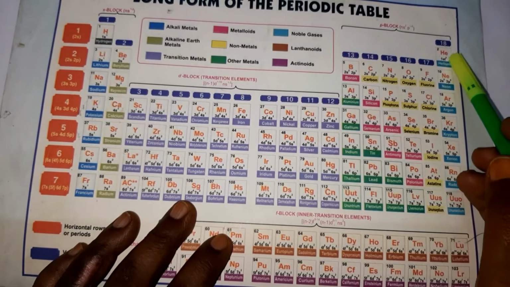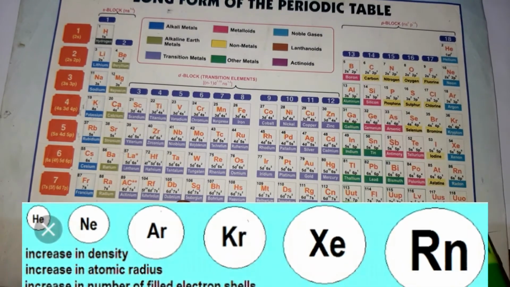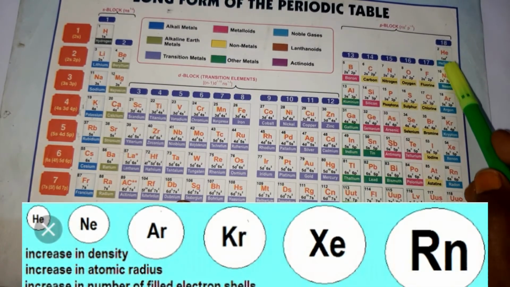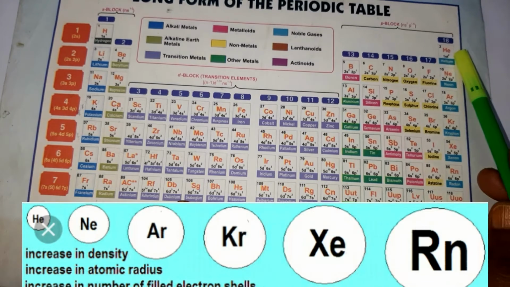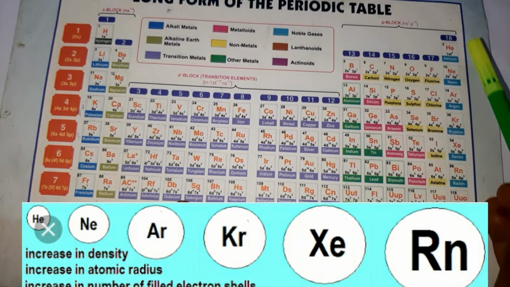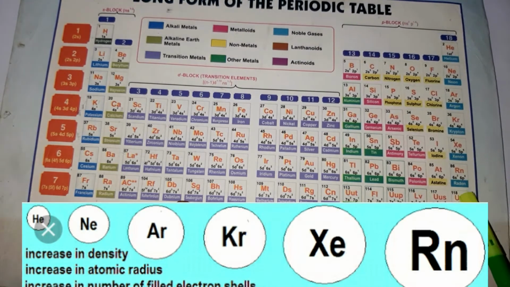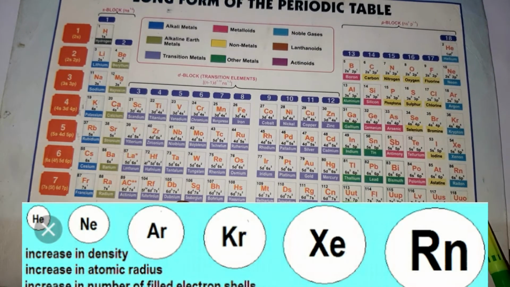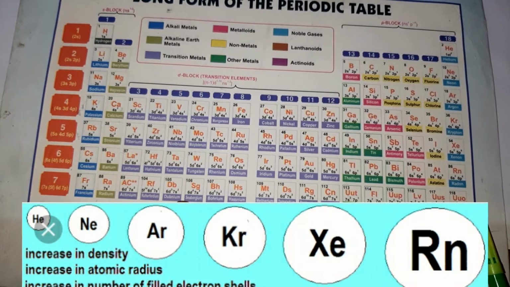Now we can see the noble gas or inert gas elements, children. You can see the 18th group elements like helium, neon, argon, krypton, xenon, radon. These are what we call noble gas elements or inert gas elements, children. So what are the properties of these elements?